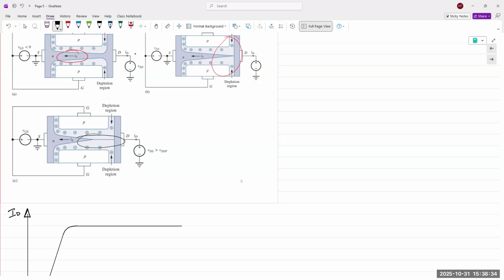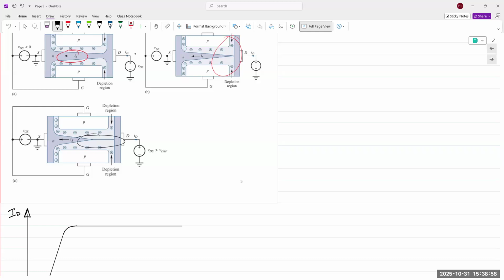So that's where the drift and the diffusion effects come into the picture. If we go back to chapter 2 or chapter 3, I can't remember which one, we spoke about how when we bring the two PN junctions together, the total current that flows in these semiconductor devices is because of drift and diffusion.